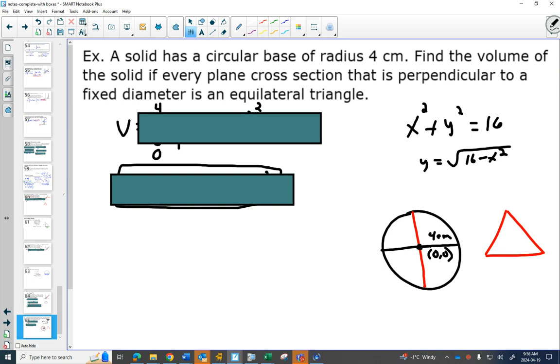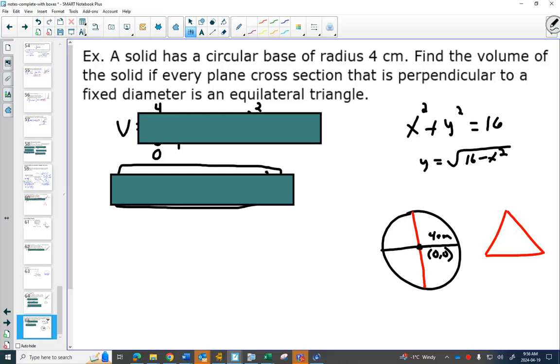Okay? And the equation of a circle goes back to grade 12 pre-calculus, the unit circle. The unit circle, you learned that sine squared plus cos squared equals 1. You learned that cos was always your x coordinate, sine was always your y coordinate. Basically, the equation of a circle is just a squared plus b squared equals c squared.